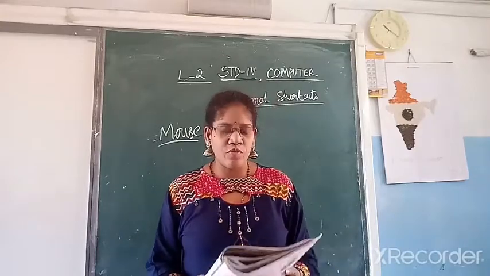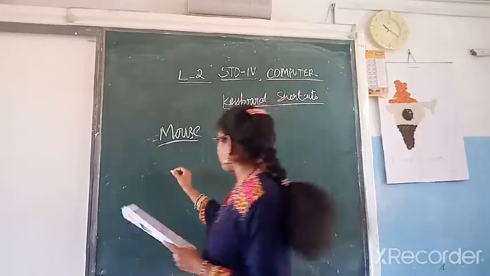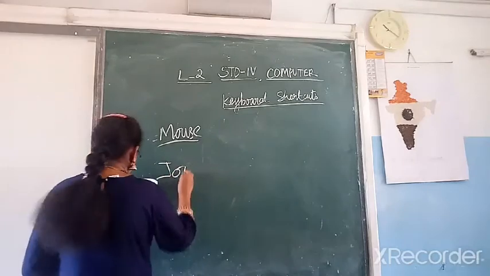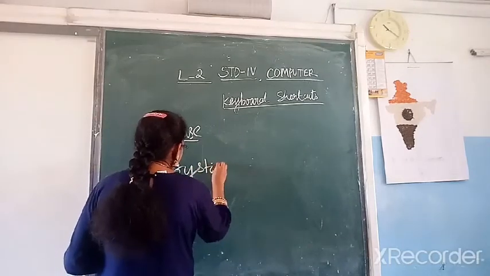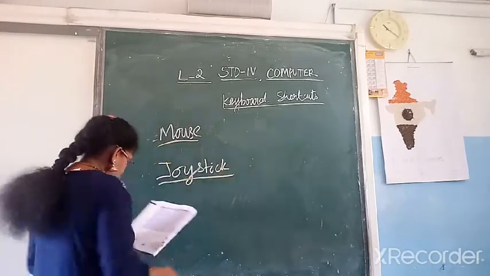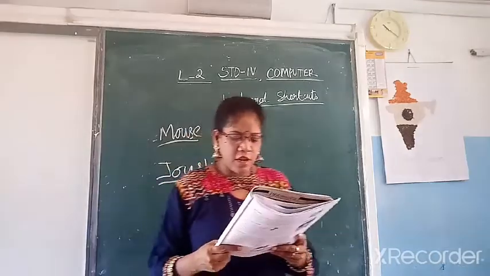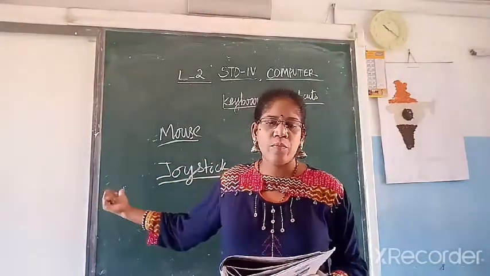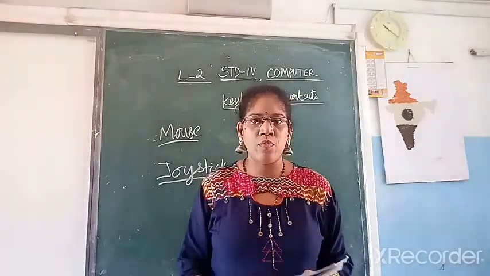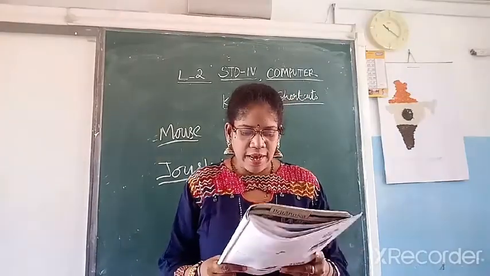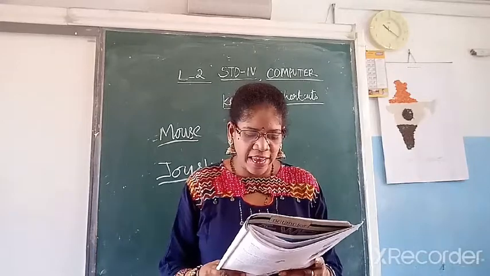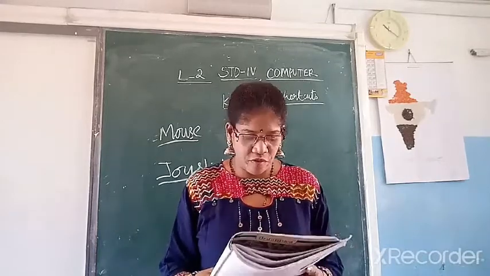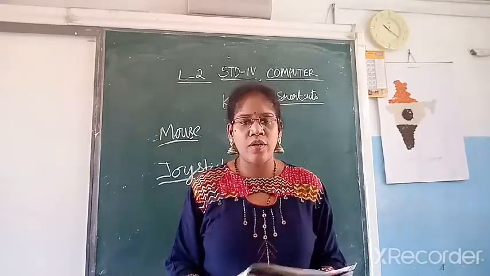The next input device is the joystick. A joystick is also a pointing device, or an input device. It can be moved at different angles to change the direction of the device it is controlling.